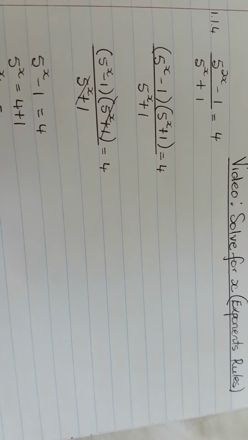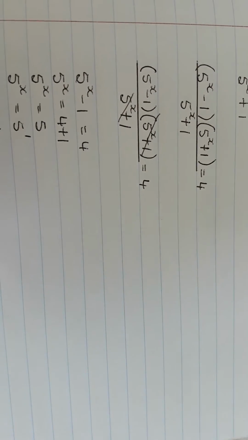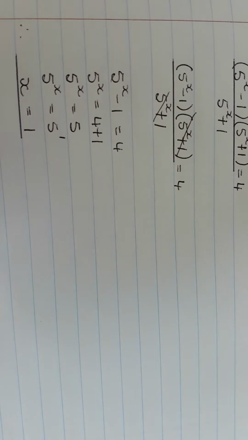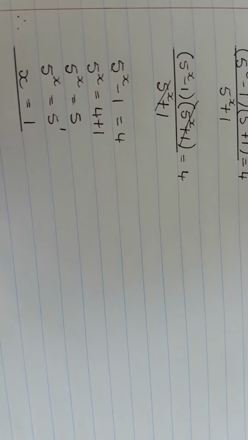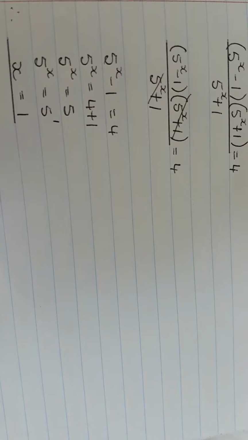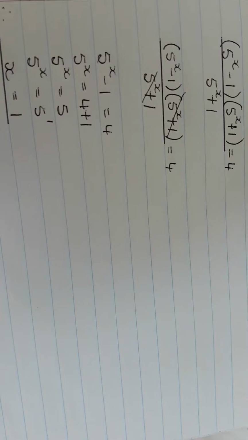Now you move down, you concentrate on what is left after you've cancelled. You are left with 5 to the power of x minus 1, which is equals to 4.